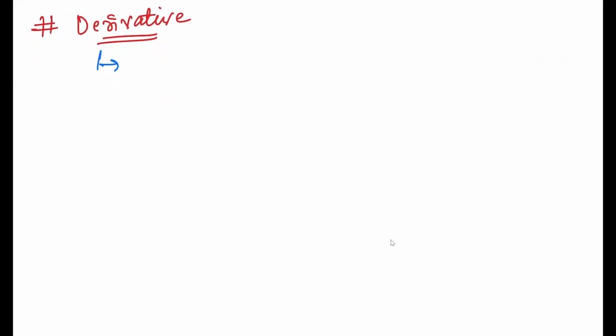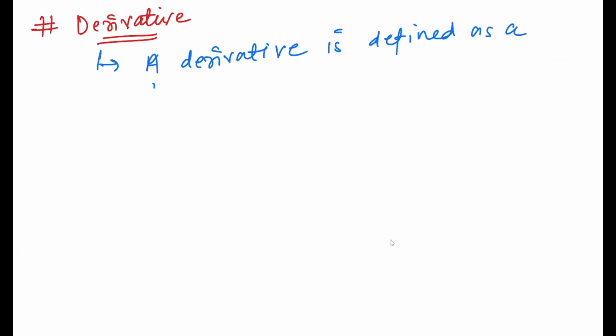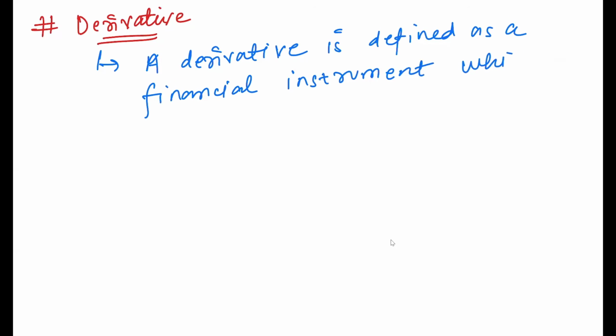So what is a derivative? A derivative is defined as a financial instrument which derives its value from the underlying asset.